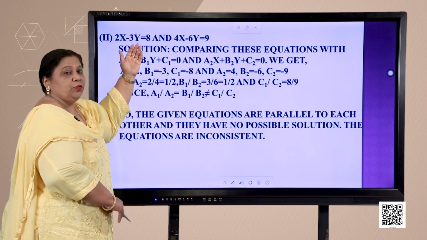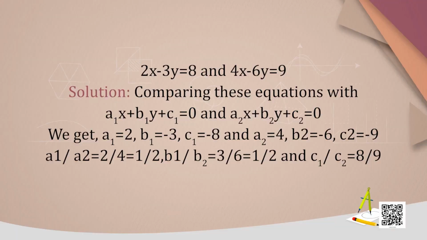2x minus 3y is equal to 8 and 4x minus 6y is equal to 9. Let us compare these equations with the general equations a1x plus b1y plus c1 is equal to 0 and a2x plus b2y plus c2 is equal to 0.